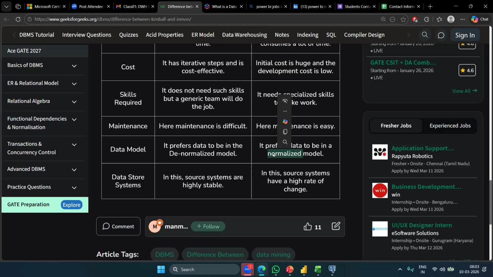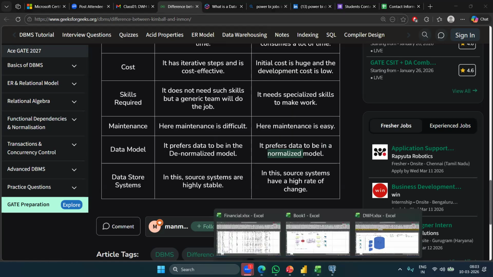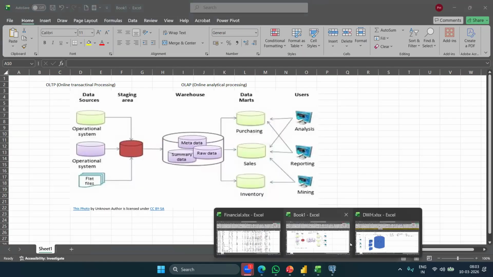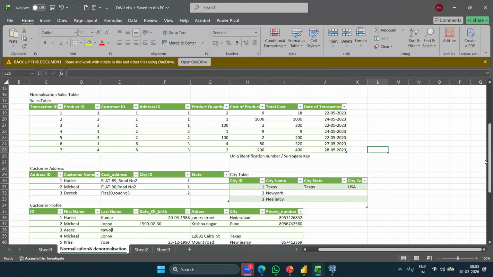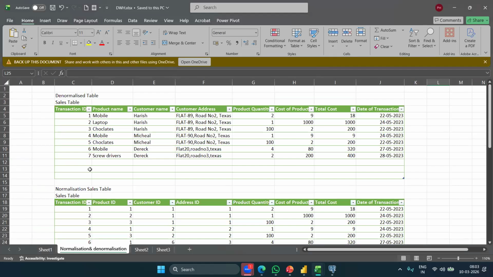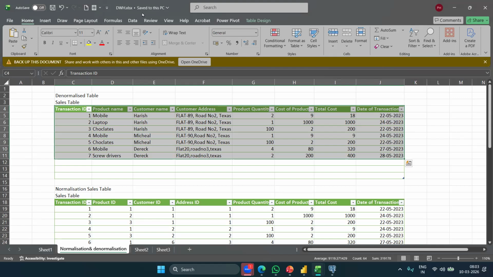Okay, now let me take a simple table that is present in the operational systems. Okay, a sales table.